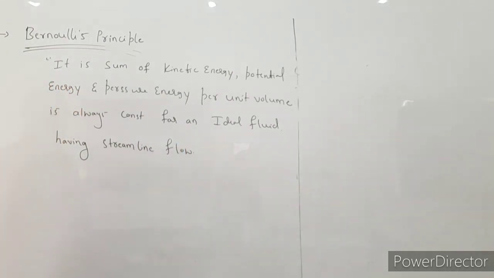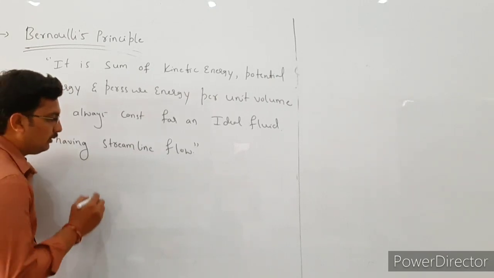So according to this statement, the sum of kinetic energy, potential energy, and pressure energy per unit volume is always constant for an ideal fluid having streamline flow.